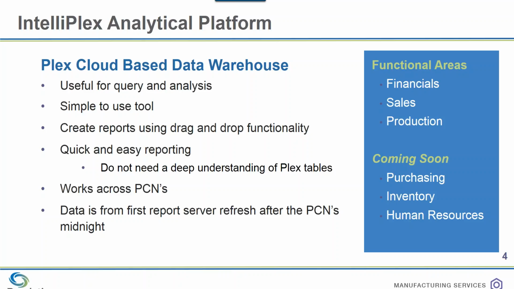One of the major benefits of having these things linked and summarized the way they are is that it is very easy to quickly pull the information and build reports, compared to traditional Intelliplex. Because these linkages have been pre-built and optimized, the reports run much faster than in a typical Intelliplex environment. So literally in a matter of minutes, you can create a report within the analytics tool and see your results.